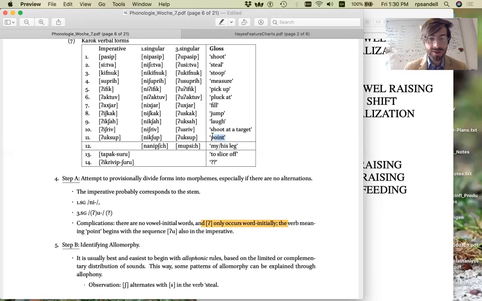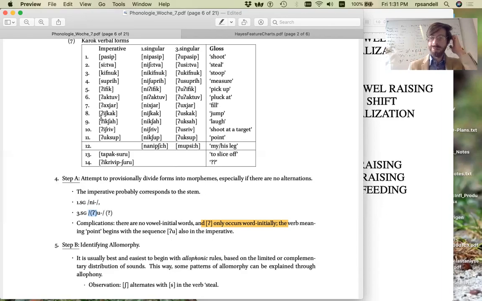And the verb meaning point there, as I've already observed, contains the sequence u at the beginning of the imperative form as well. So the reason why I've placed this glottal stop in parentheses is because I wonder here whether or not this glottal stop might be inserted by a phonological rule. Namely, the fact that there are no vowel initial words might show us that it's not allowed to have a word begin with a vowel, and if there is a word that underlyingly begins with a vowel, a glottal stop is perhaps inserted.